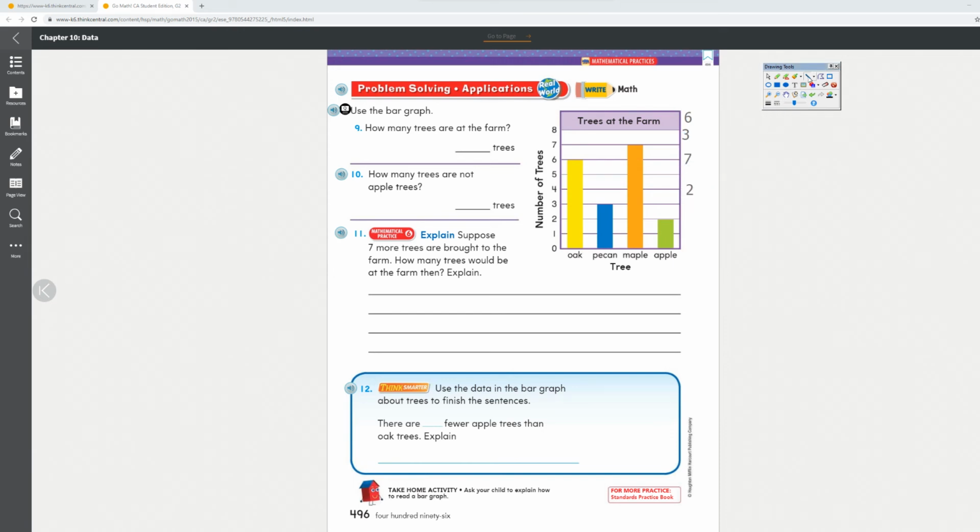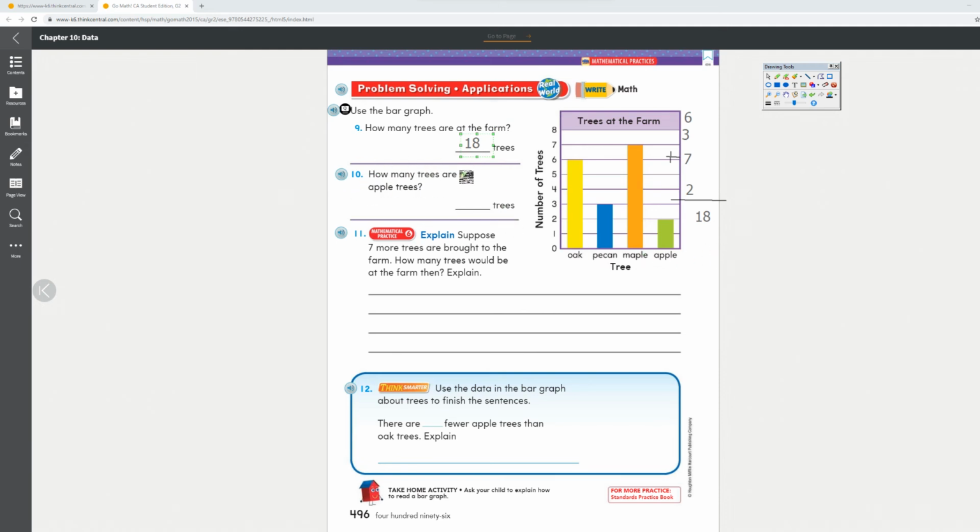And if we add all of those together, what answer do we get? We should get 18 as the answer. So how many trees are there altogether? There are 18 trees.